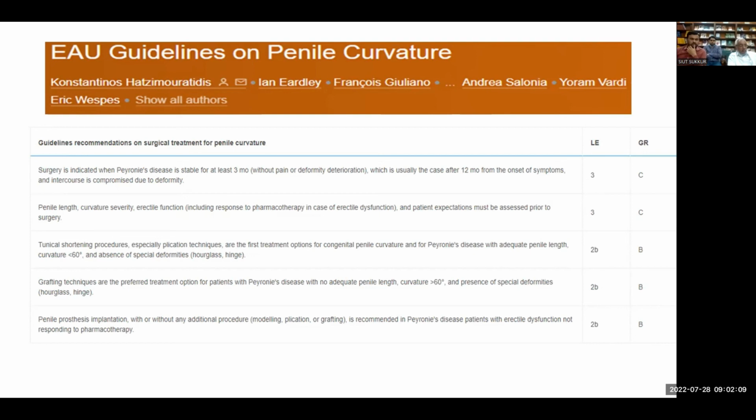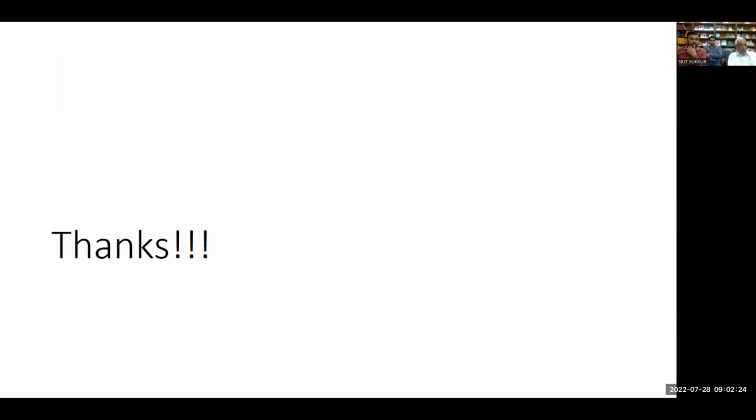Lastly, penile prosthesis implantation with or without any additional procedure is recommended in Peyronie's disease patients with erectile dysfunction not responding to pharmacotherapy. Thanks.